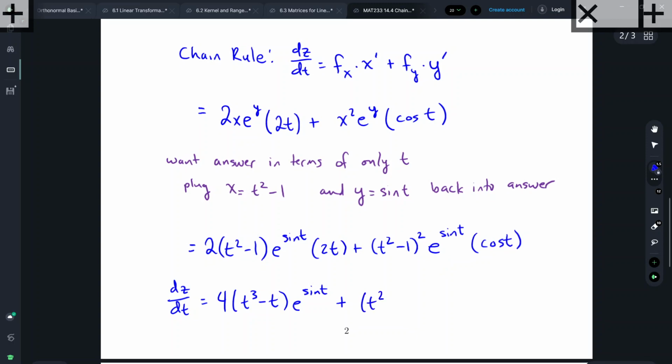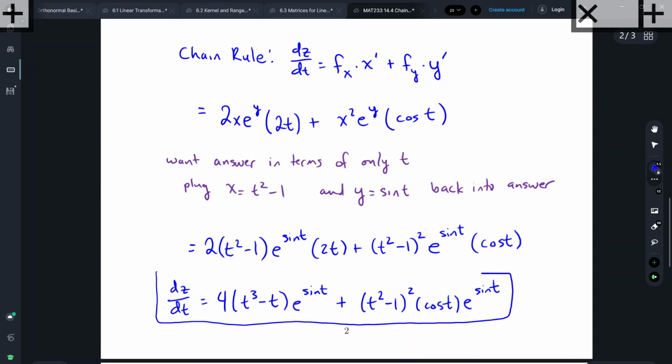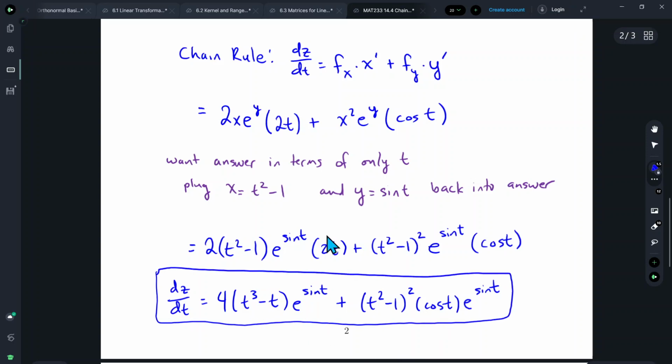This thing let's leave alone. Okay, so that's what we get as the derivative after applying the chain rule.